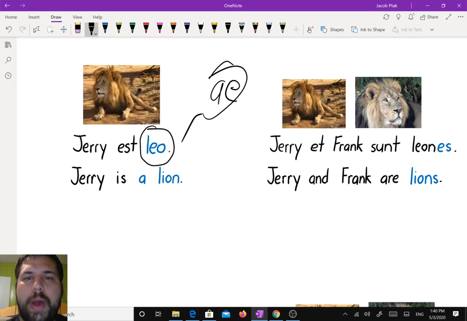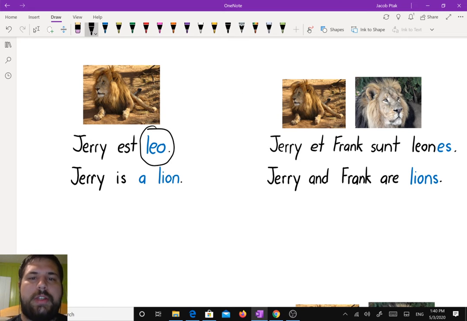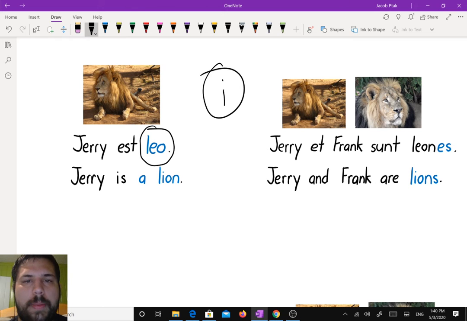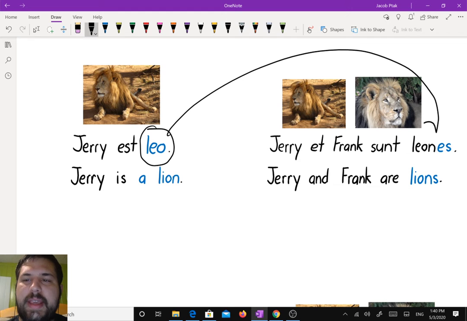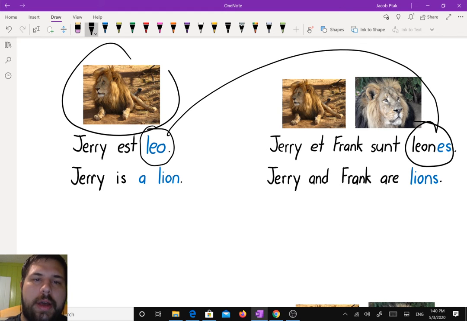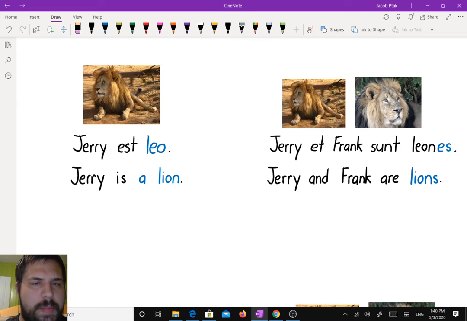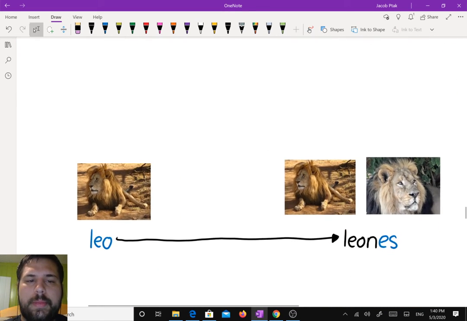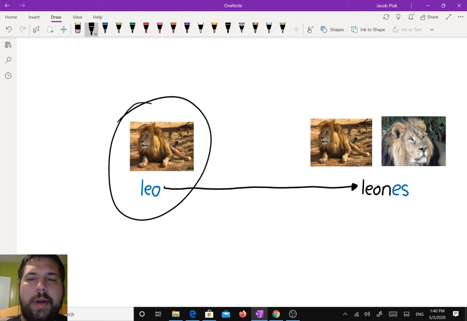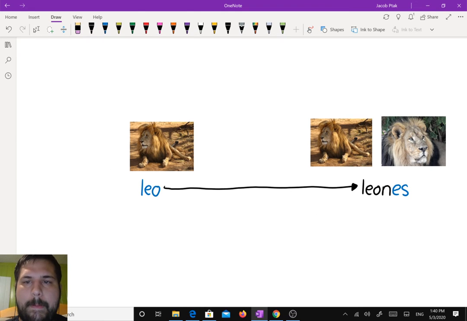Remember, that's for like puella. This word is not an I word, like puer, pueri. The I is good for puer, pueri, liber, libri, and other words like it. This word adds an ES. Leo, leones. Harder to spot, I think. So one more time, leo, leones.